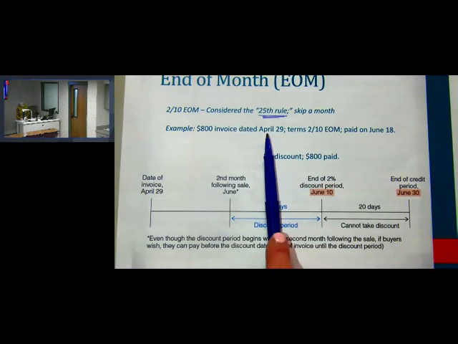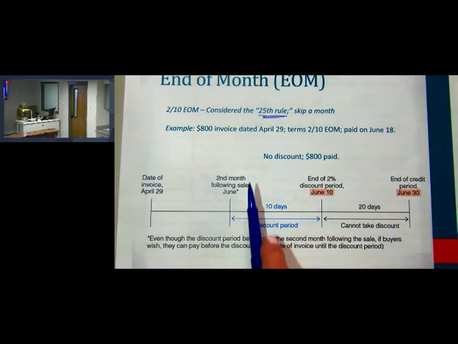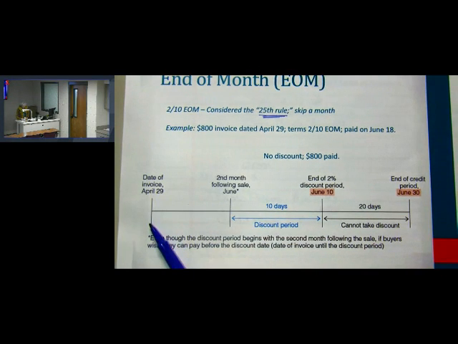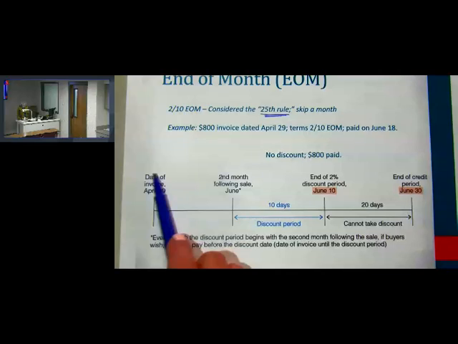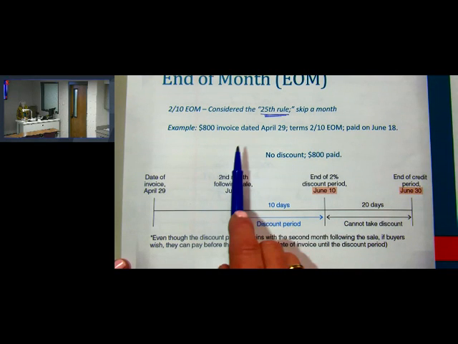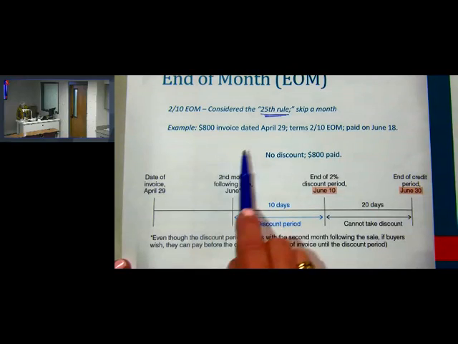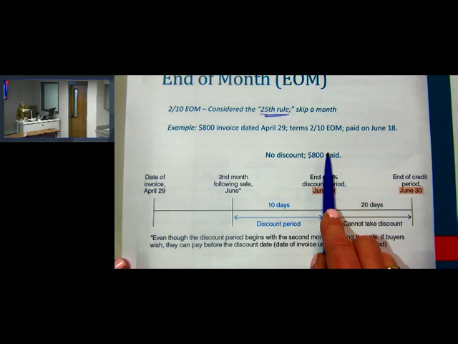So since the invoice comes out after the 25th, my months change. On a 210 EOM dated after the 25th, I get all of the following month, all of May, and then the first 10 days in June.